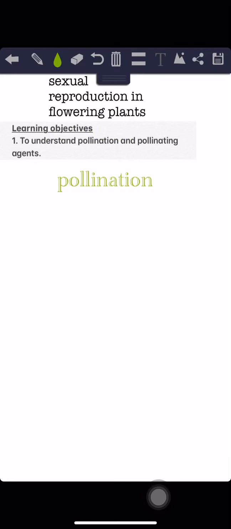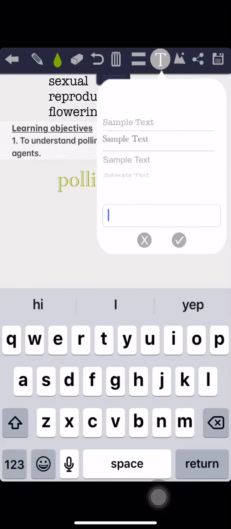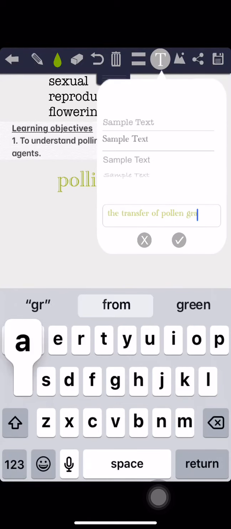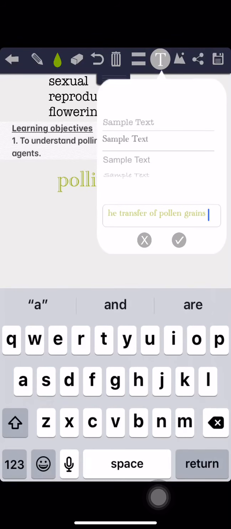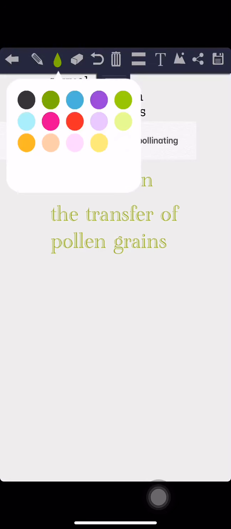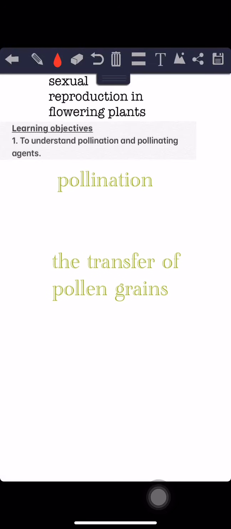Pollination's definition is that it is the transfer of pollen grains. The very first thing is, it is a transfer of pollen grain.